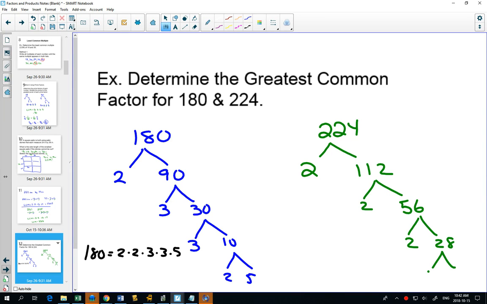Can divide that by 2. 2 times 14. Can divide that by 2. 2 times 7. Until you get to all prime numbers. So we can write out that 224 is equal to 2 times 2 times 2 times 2 times 2 times 7. 1, 2, 3, 4, 5 2's times 7.